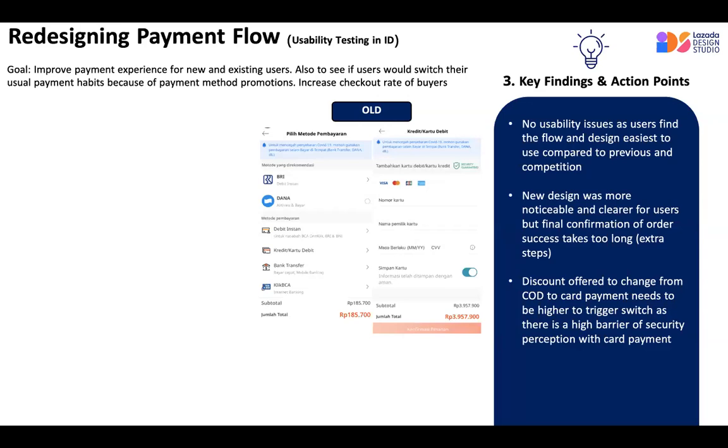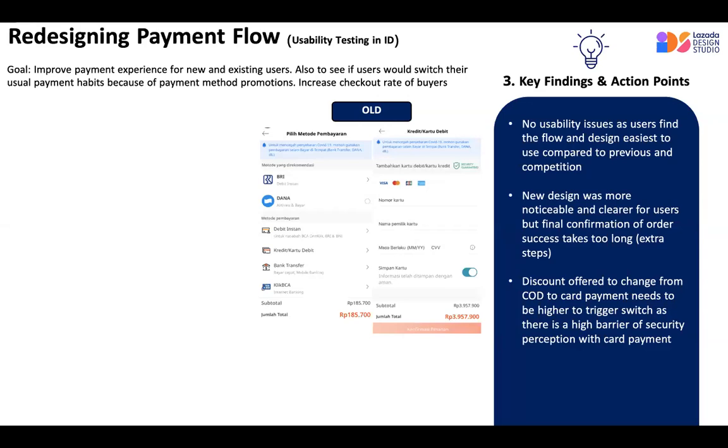Now, we also redesigned the payment flow, because after you've put in the free shipping, you obviously want to buy the particular product, right? In terms of improving payment experience, we did some usability testing, but this was only done in Indonesia, which obviously is one of the biggest markets in this region. This was the old design.